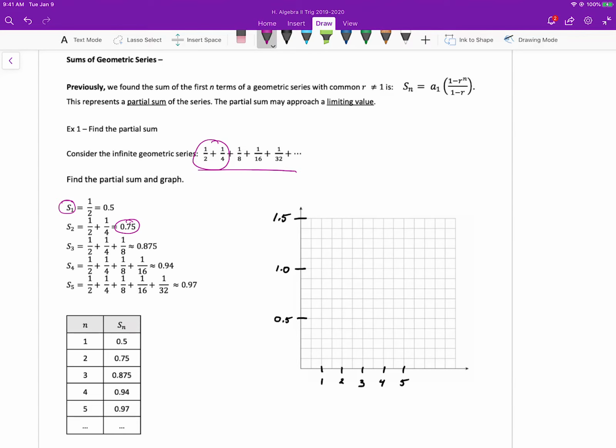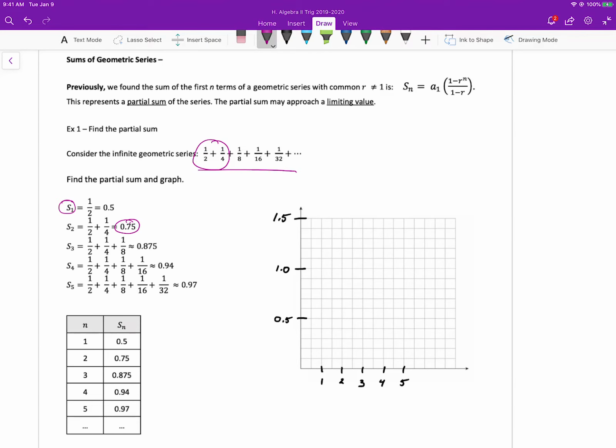Then we put them on this chart, and now what I'm going to do is graph the term with the sum, and we're going to look at that relationship, and hopefully it will become a little more apparent how we can add something that's never going to end. So 1 will go to 0.5. The sum of our first two terms will be 0.75, so 5, 6, 7, right here.